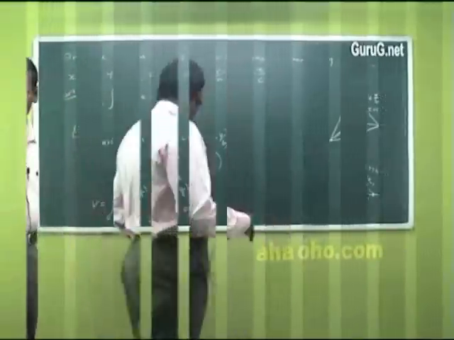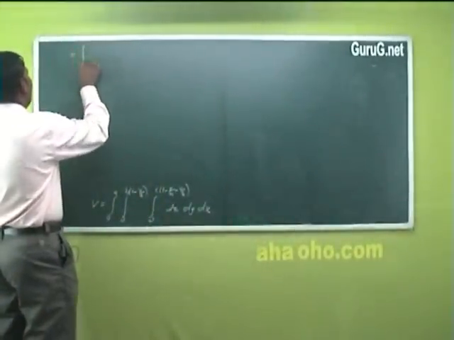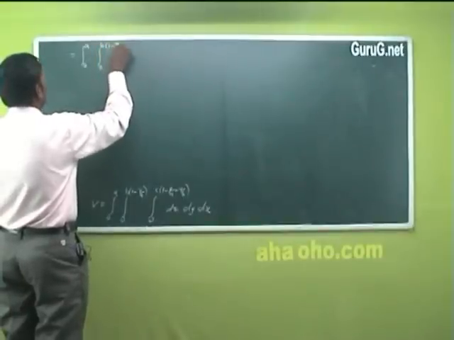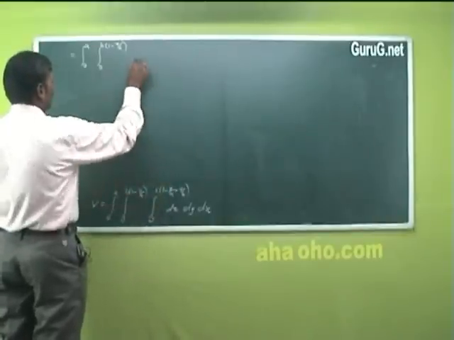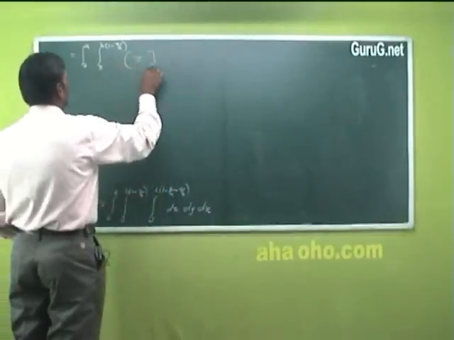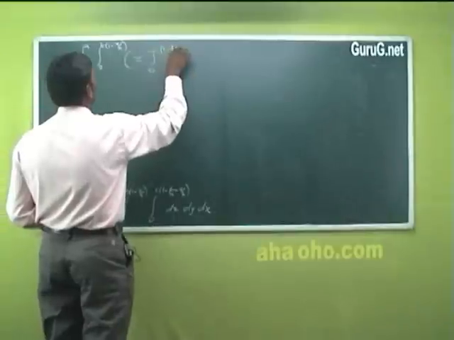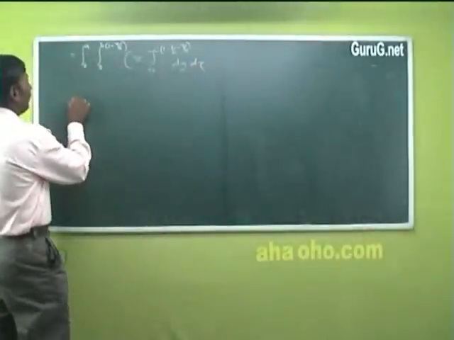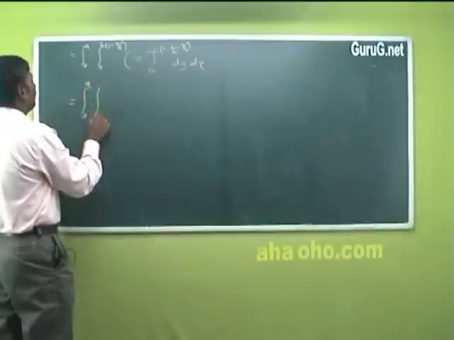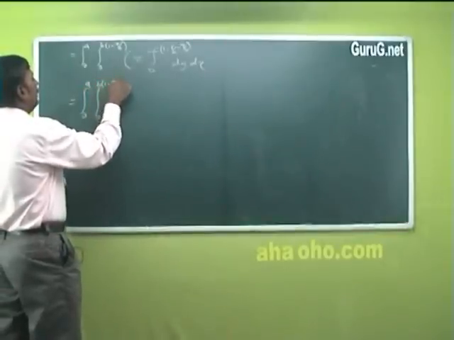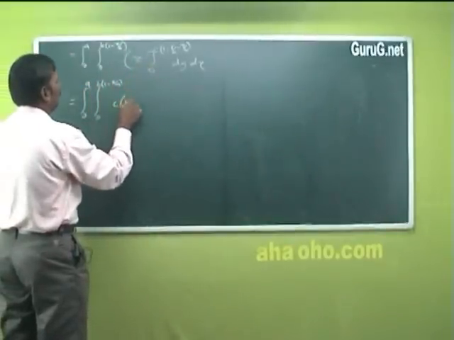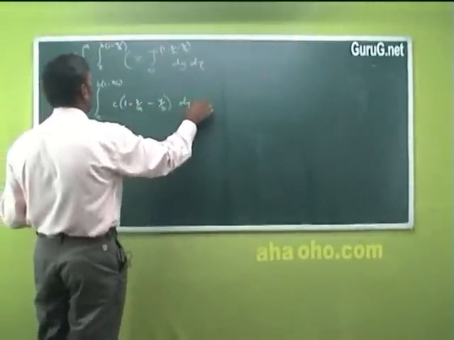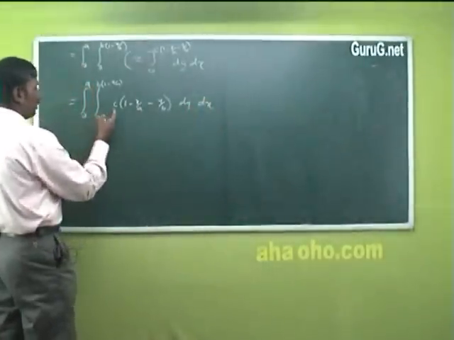How can you integrate this? So integral 0 to a, then 0 to b into 1 minus x by a, integration of dz is z, 0 to c into 1 minus x by a minus y by b, into dy dx. Now simplify it. So you can take c outside.